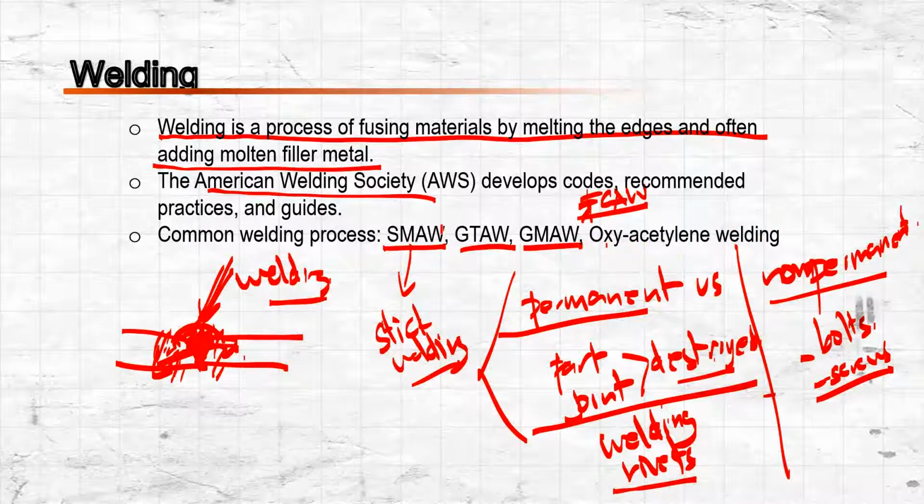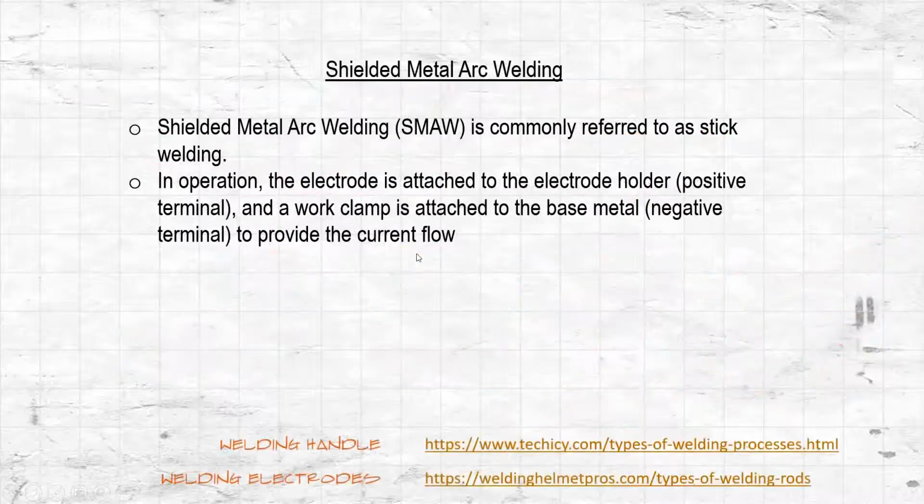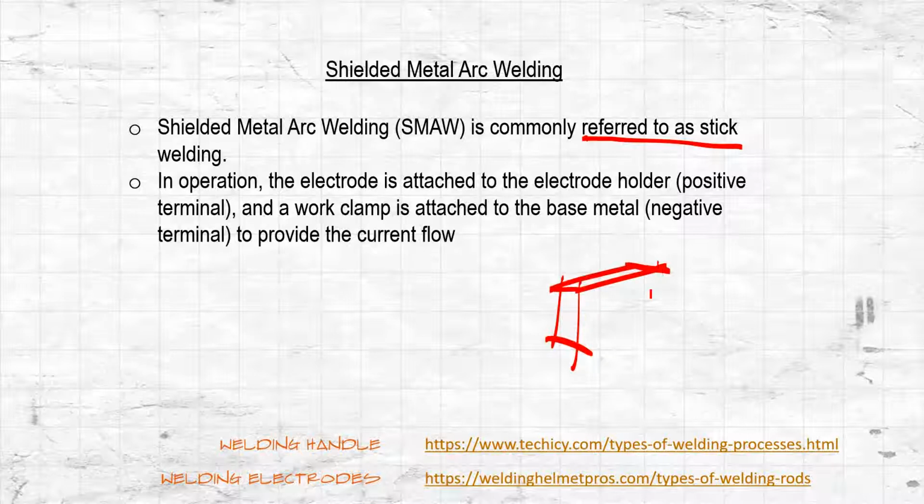Anyway, for shielded metal arc welding, commonly referred to as stick welding, in operation the electrode is attached to the electrode holder. We have this electric machine, and there's a setting right here wherein you can adjust the amperage and other parameters.